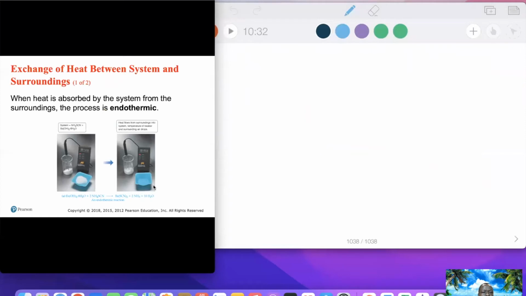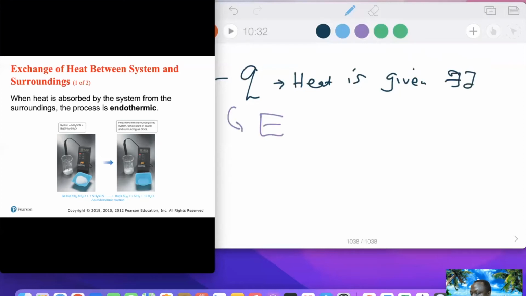Now, this is just to illustrate exothermic and endothermic reactions. For negative Q, this is given off, and it is what we call an exothermic reaction, a reaction which gives away heat, all right?